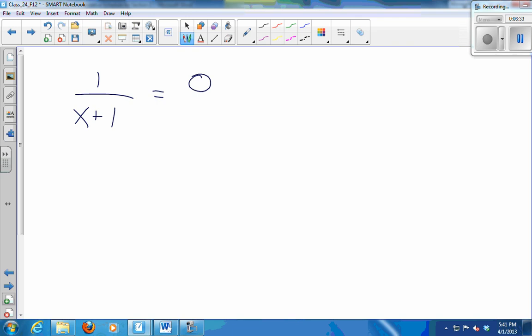Why? Right, because 1 over something could never be 0. The only way a fraction can equal 0 is if its numerator is 0. No matter what this denominator is, even if the denominator is 0, then it's undefined. But no matter what the denominator is, this is going to be a fraction, some small amount. So this is never true. You can never make that fraction equal to 0.